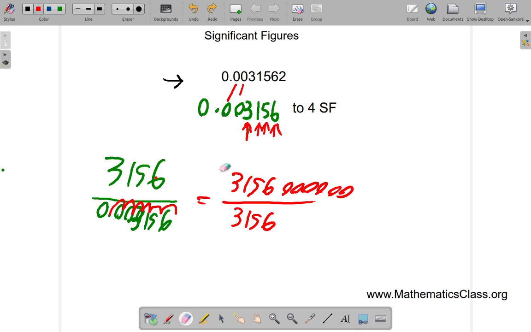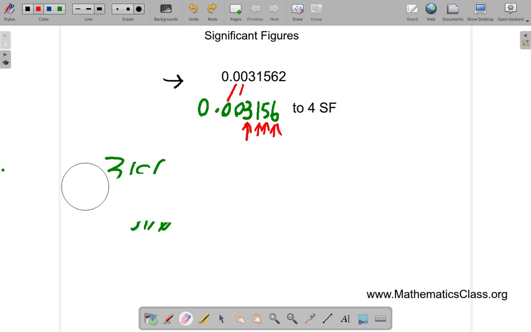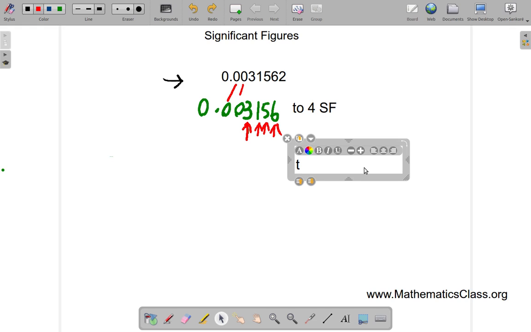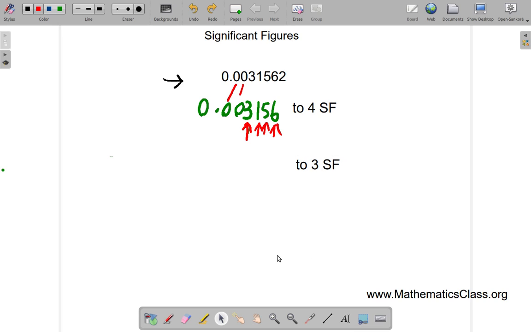Now, let us see what would happen if you are required to write it to 3 significant figures. What will you write?